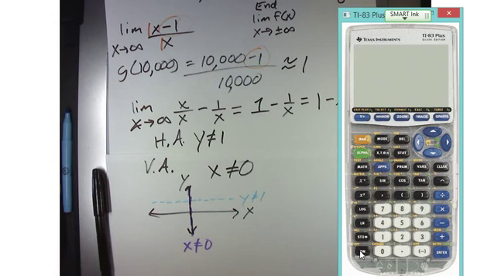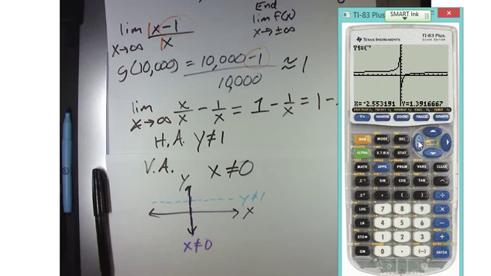So now let's graph it and see what it does. I've got x minus 1 divided by x, and the graph is this. Does it cross 1? I don't know. Let's hit trace. Let's look at the end behavior first.